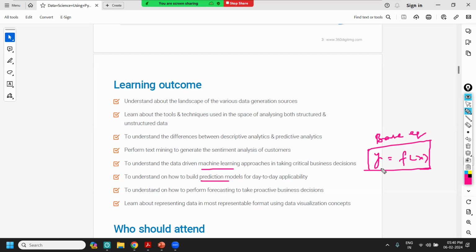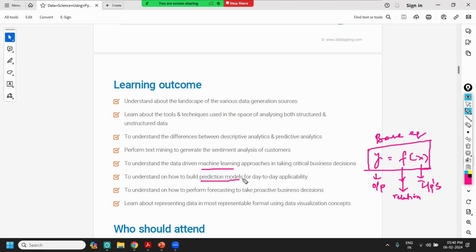We try to develop a mathematical equation of this form, where we are saying this is my output, but this output is influenced by a bunch of input factors. So how is that happening? This is the relationship that we need to unearth. So this relation has to be mathematically expressed.